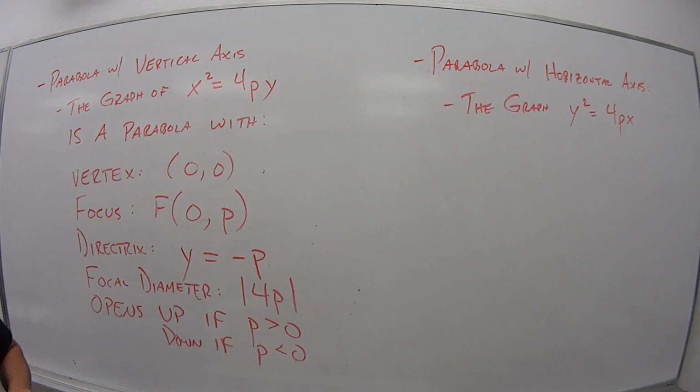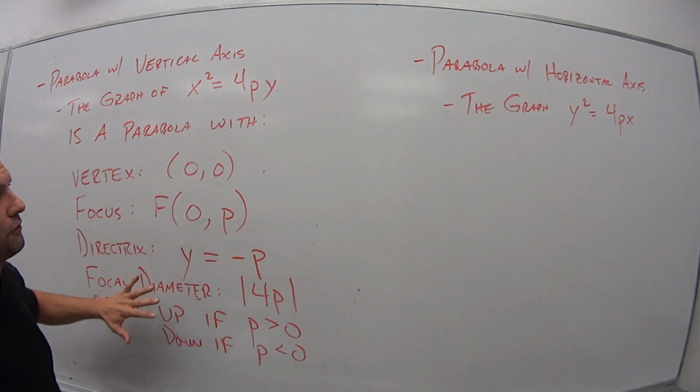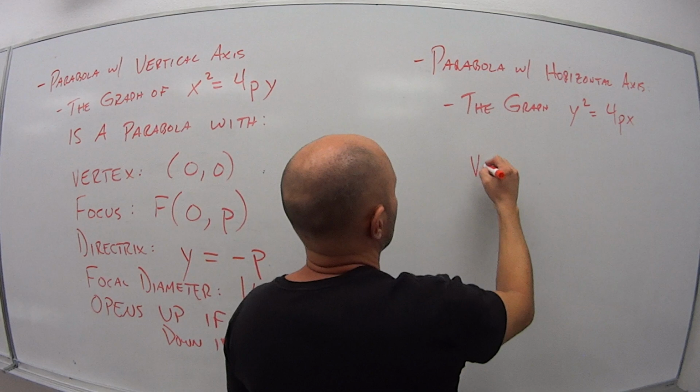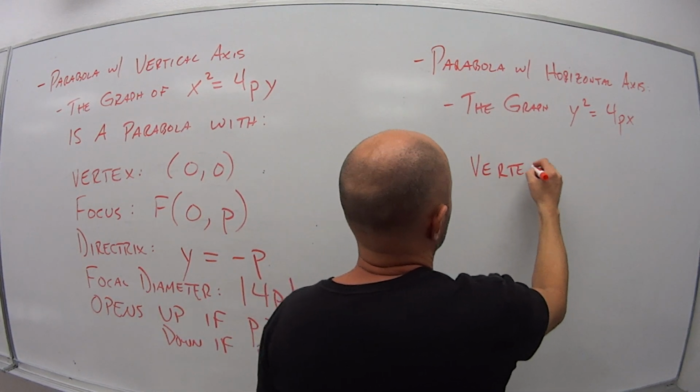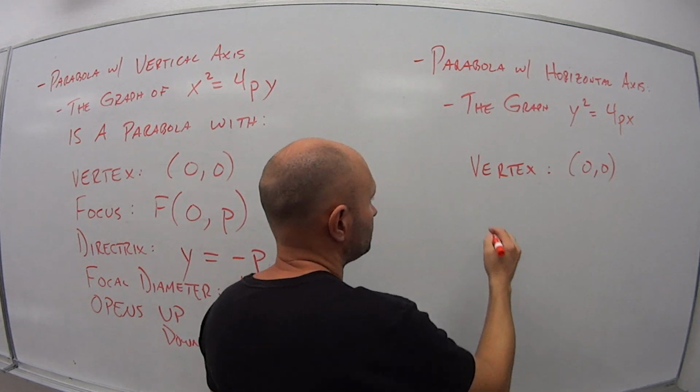Right away, what do we see? Well, when we have a vertical axis, it's our x value that's squared. When we have a horizontal axis, it's our y value that's the squared term. A lot of the ideas are still the same, it's just now we're switching our x and y values. So again, our vertex is still at the origin, 0, 0.